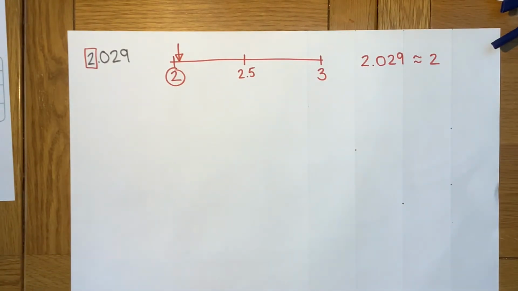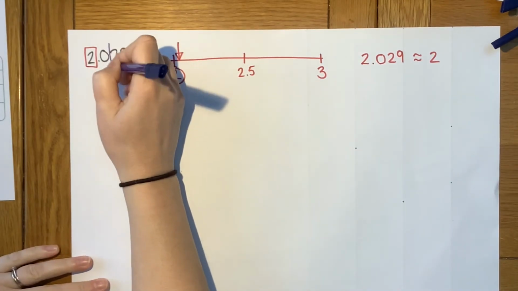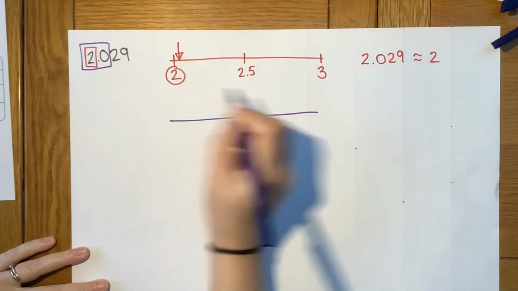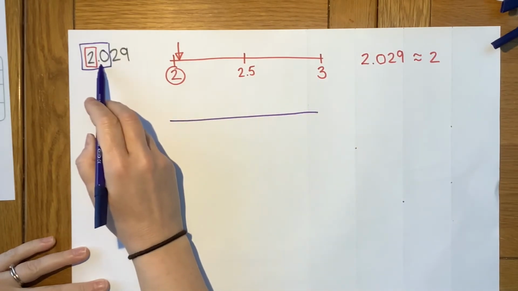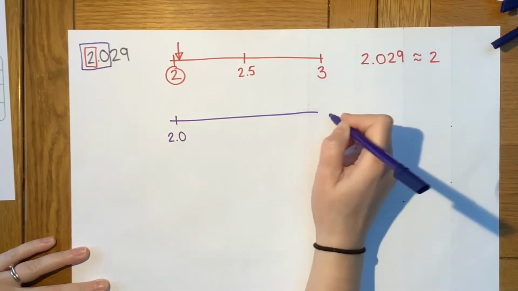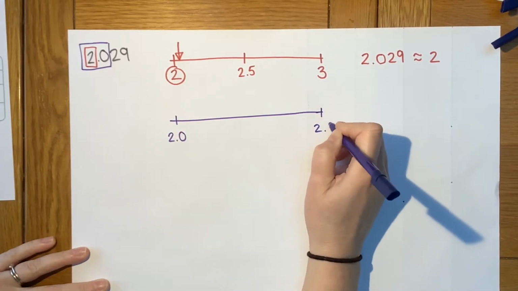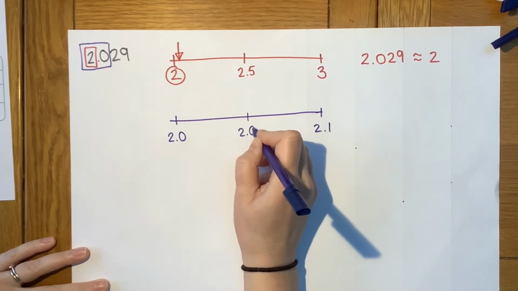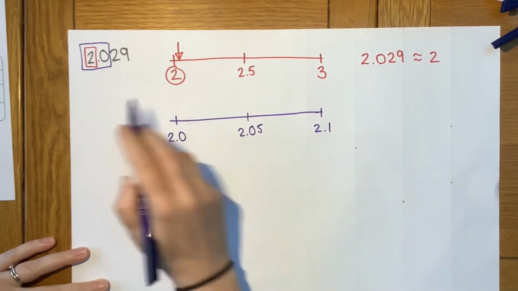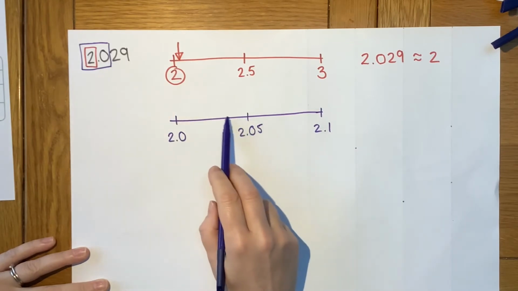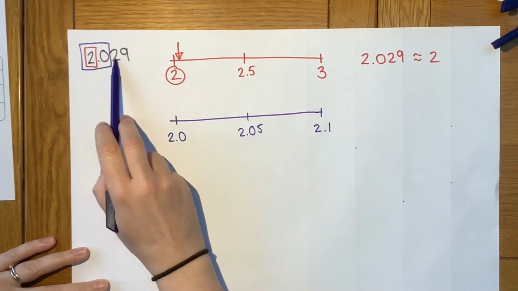Okay, now let's have a look at the next column. So tenths now. Same number, but my rectangle is bigger this time because I've taken the tenths. So 2.0 goes this end, or just 2. 2.1 will go that end because we're going up in tenths, which means 2.05 will go there. We've got 2.029, so it's got only 2 hundredths.